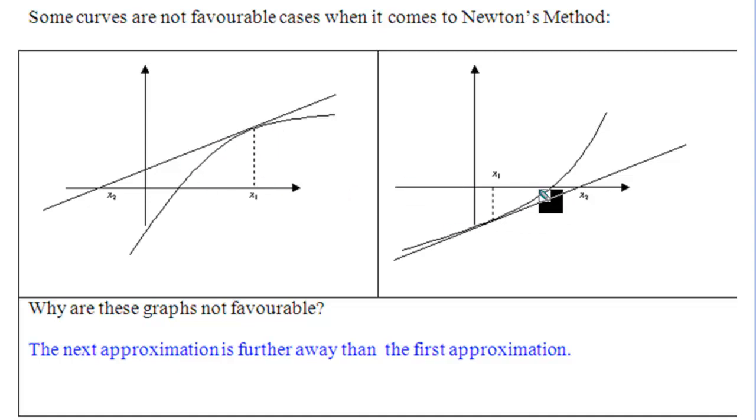Similarly here, you can see that when it was x1, it's starting to move away, so it might not get a great value. It might get closer, but be really careful. If your second approximation is further away than your first approximation, you haven't picked the right side of the curve, so be careful.